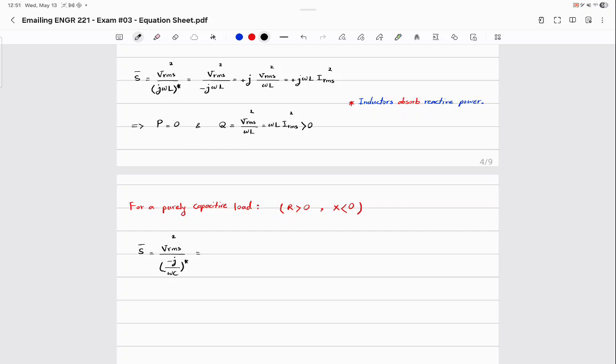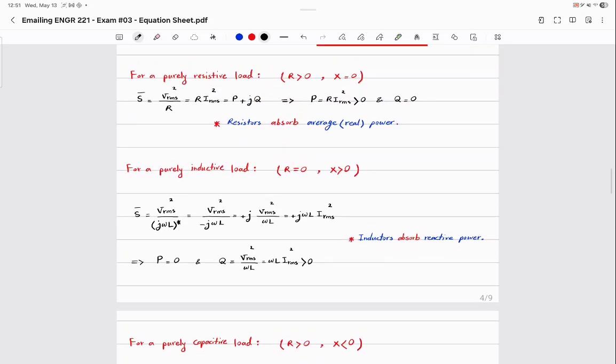So it becomes, the negative J becomes J over omega C. Then I can bring up the J and make it negative J omega C VRMS squared.